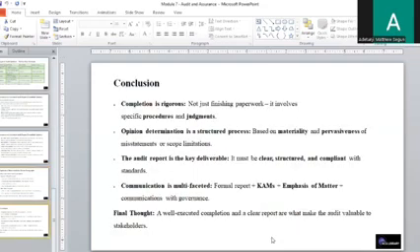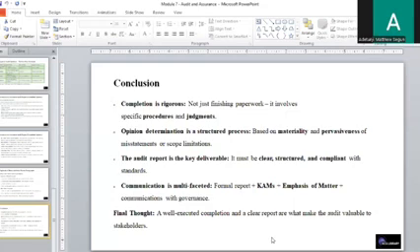In conclusion, completion is rigorous, not just finishing paperwork. It involves specific procedures and judgment. Opinion determination is a structured process based on materiality and pervasiveness of misstatement or scope limitation. The audit report is a key deliverable. It must be clear, structured, and compliant with standards.